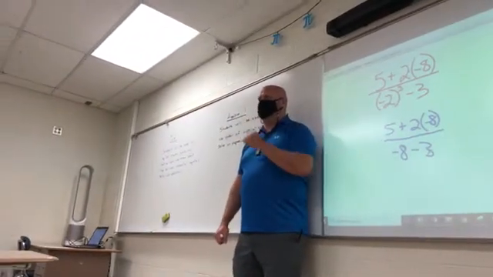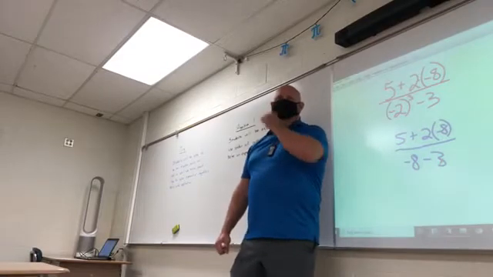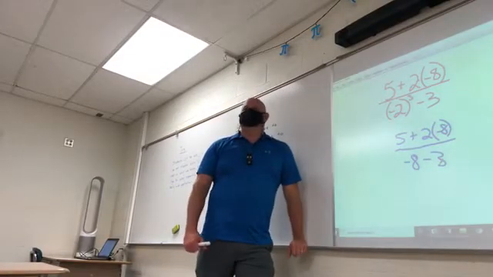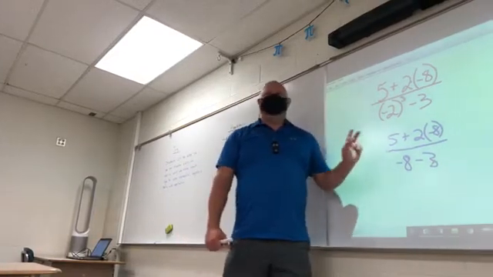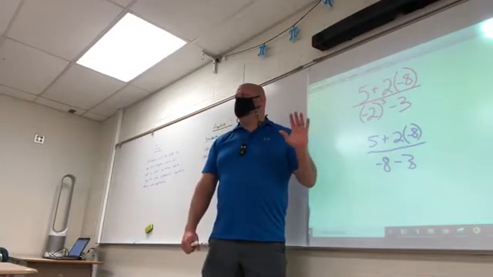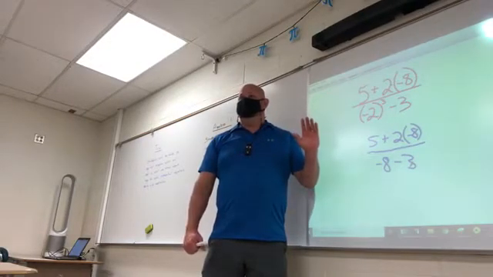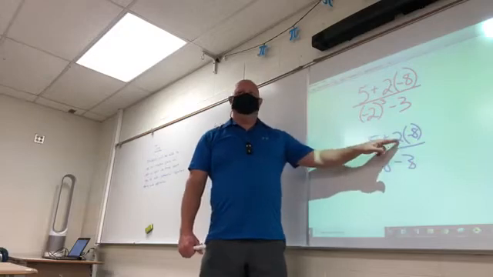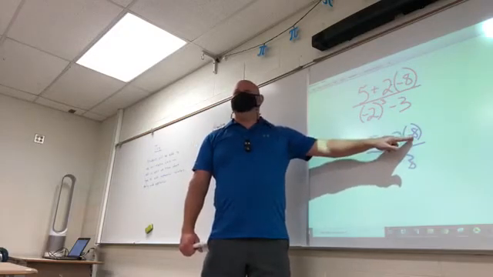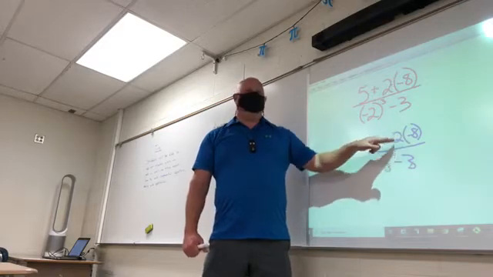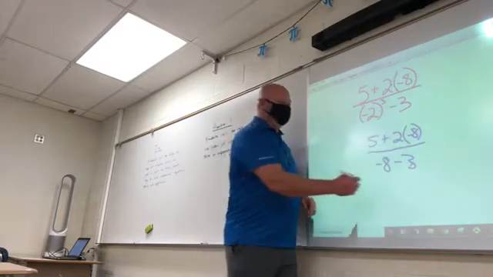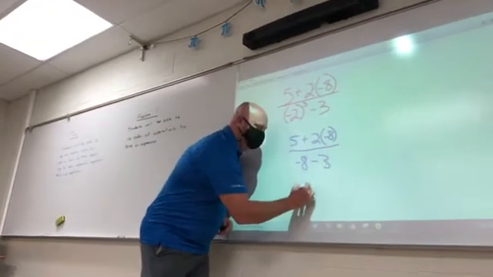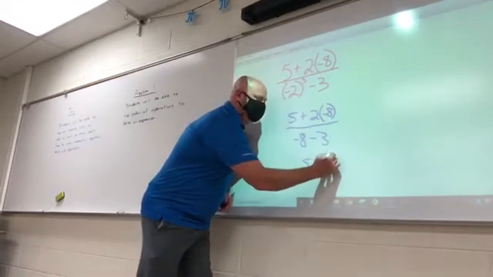Okay? What's the next thing I have to do here? Multiply, right? So 2 times negative 8 is? Negative 16. So I'm going to get 5 plus a negative 16.